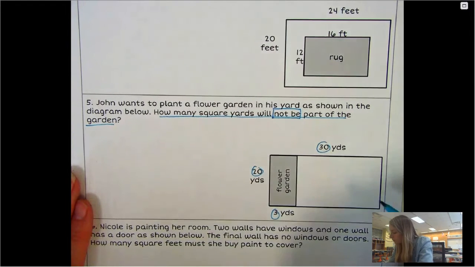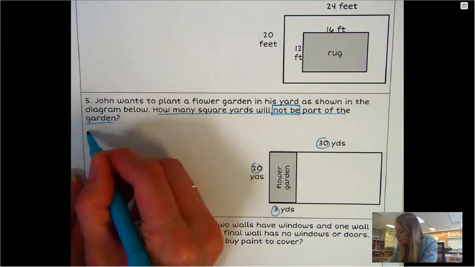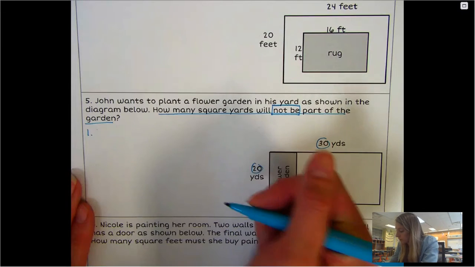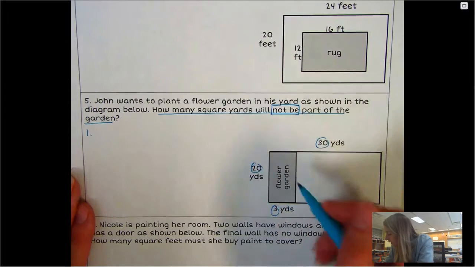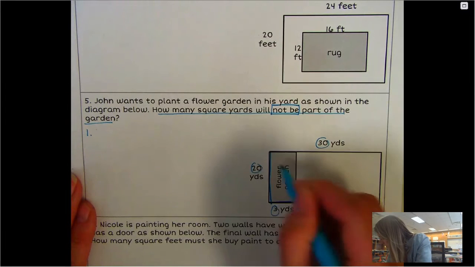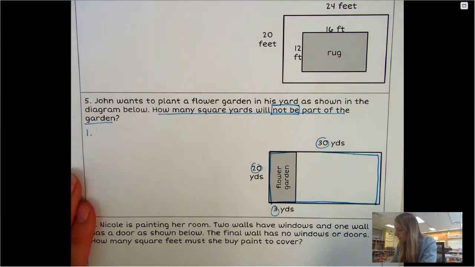All right, so to solve this problem, I'm going to have to start with my operation of finding step one, which is find the area of the large rectangle, right? So my large rectangle, and I'm going to outline it in a color here, is going to be blue, just so we keep things together.